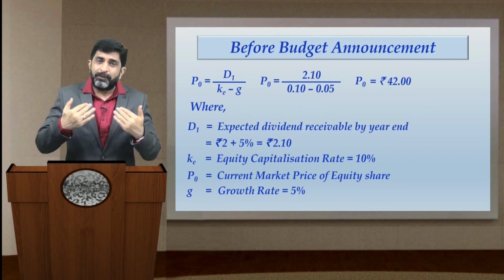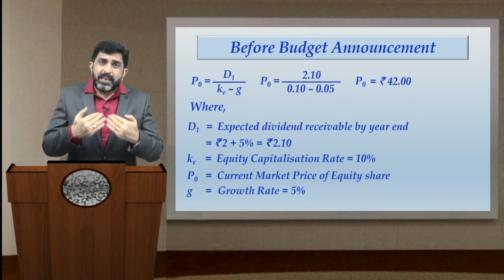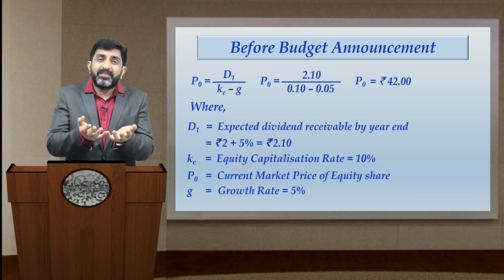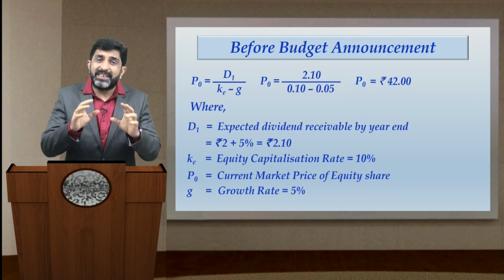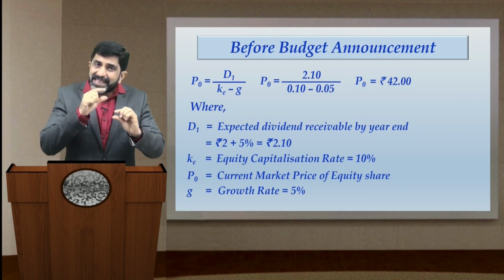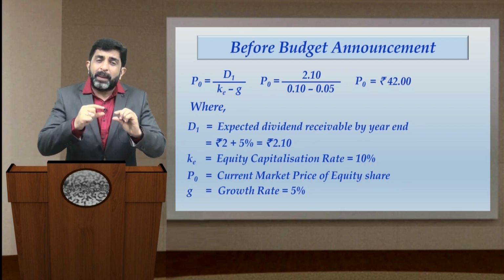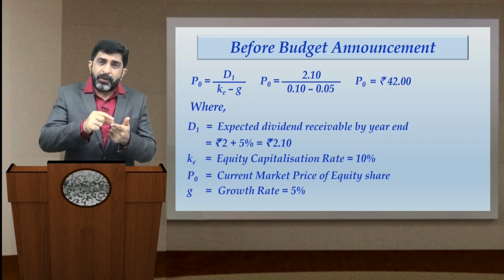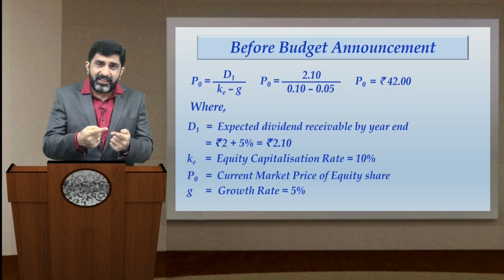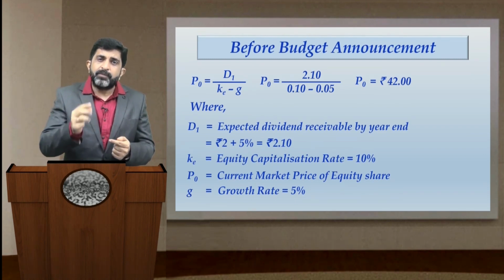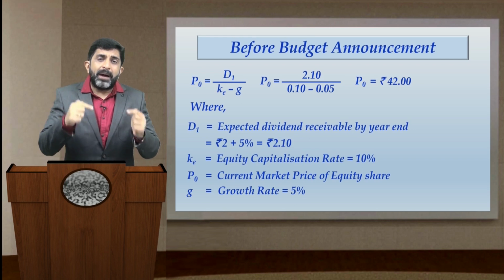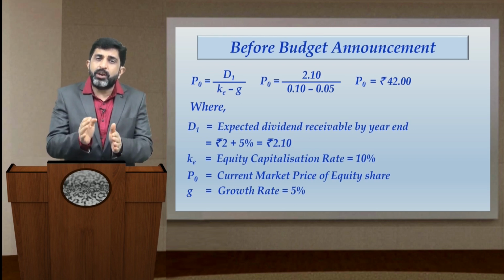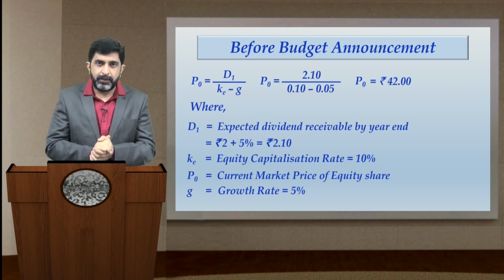In simple words, if I am an investor investing rupees 100, I would expect a return of 10%, that is rupees 10. But that rupees 10 I am expecting to earn is before tax. On that 10 rupees of income, I have to pay tax of 30%. That would be rupees 3. So my post-tax net income is going to be 7%.